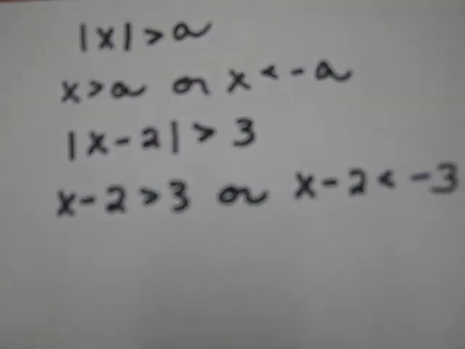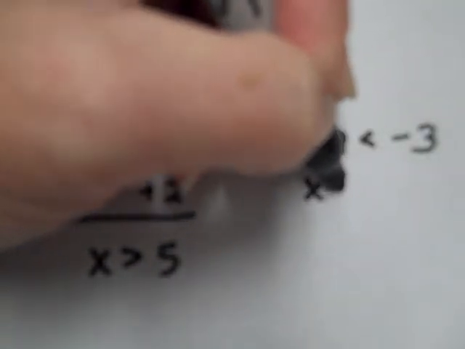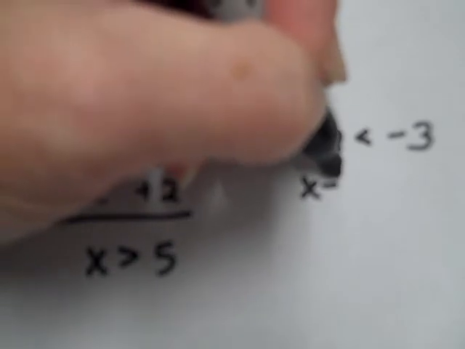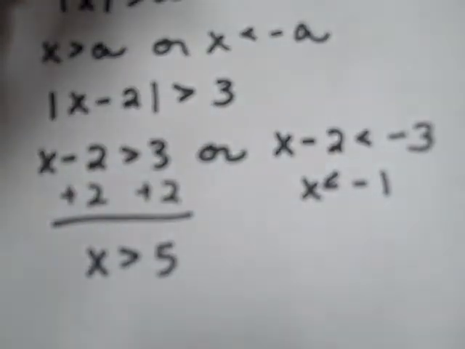So we change two things. Add 2 to both sides and we have x is greater than 5 or x is less than negative 1.